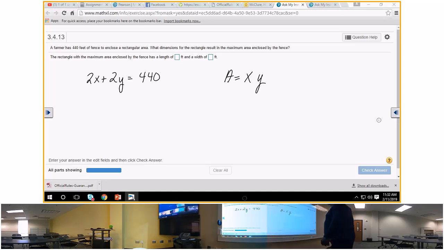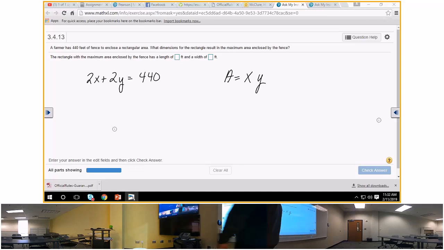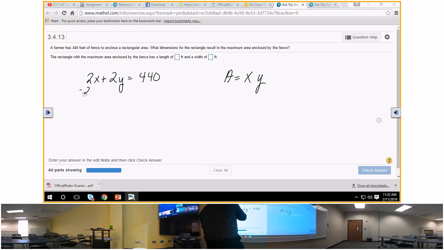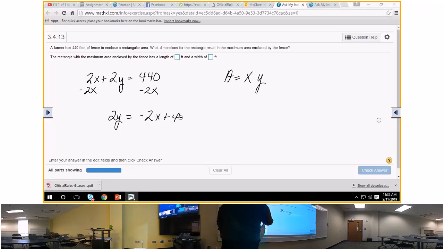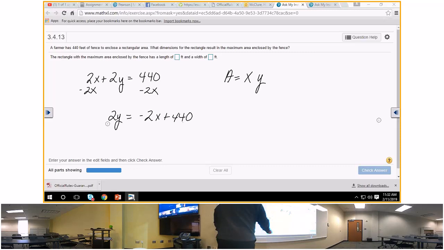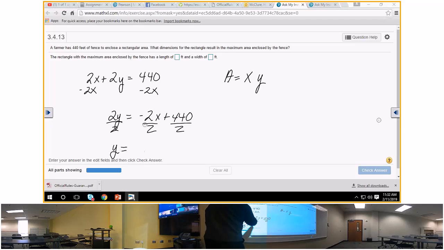So let's solve this for y. Or you can solve it for x. Either way, I'm going to solve it for y because we're used to solving for y. So 2y is equal to negative 2x plus 440. Divide by 2, divide by 2, divide by 2. y is equal to negative x plus 220.